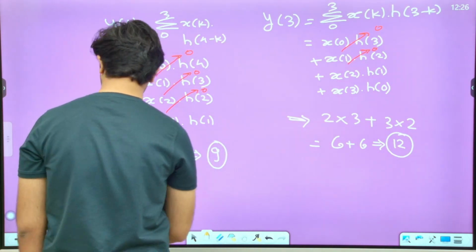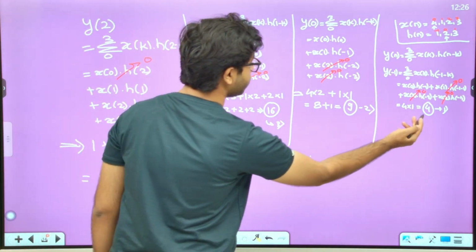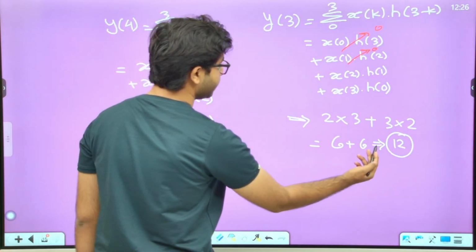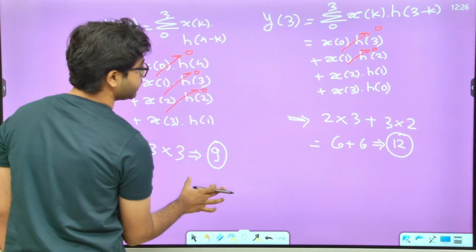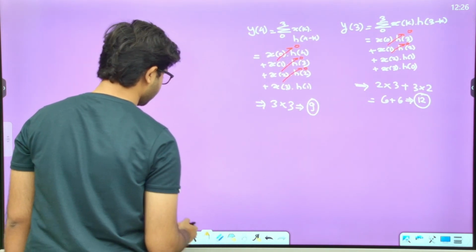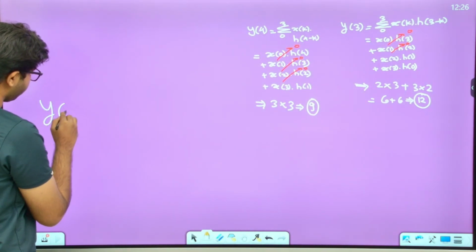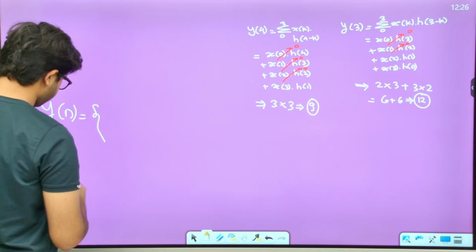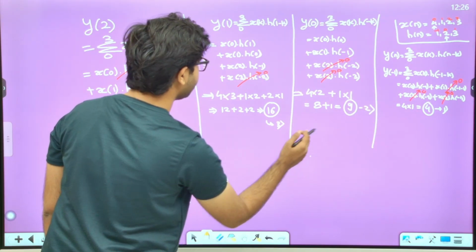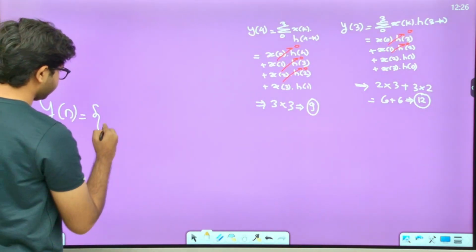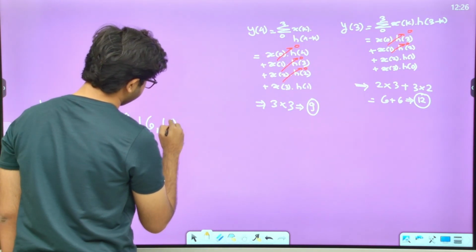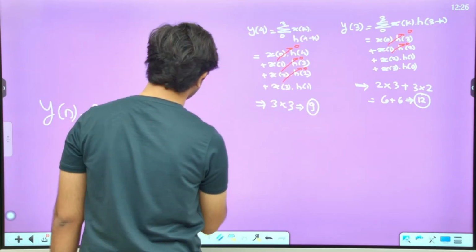Oof. So 6 terms. What are those? 4, 9, 16, 10, 12 and 9. Okay, so I will minimize this. So the sequence we got, the y of n is equal to, let's see it again: 4, 9, 16, 10, 12 and 9.